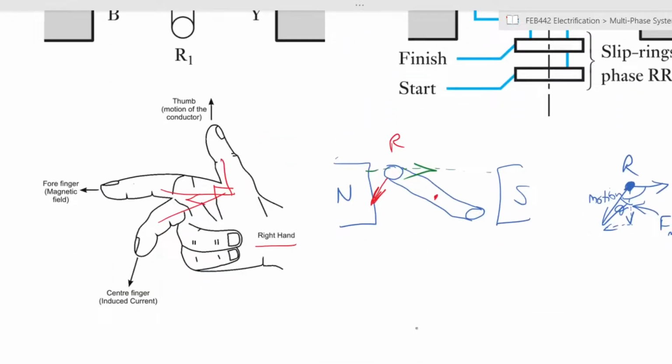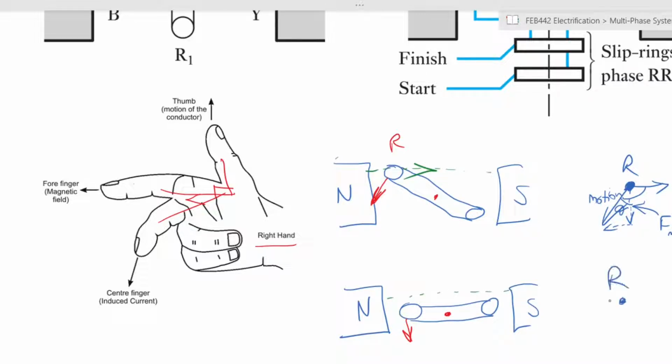If we were to further illustrate or pick a point whereby your conductor has rotated through its axis, whereby it is now moving in that direction and the magnetic field is still in the same direction, the forces that are acting on your point R, this is the same R, but it has moved from this configuration, that angle, to become now horizontal in our diagram.